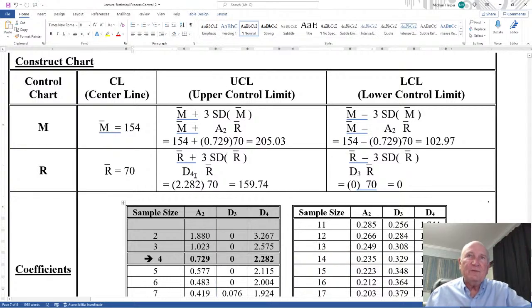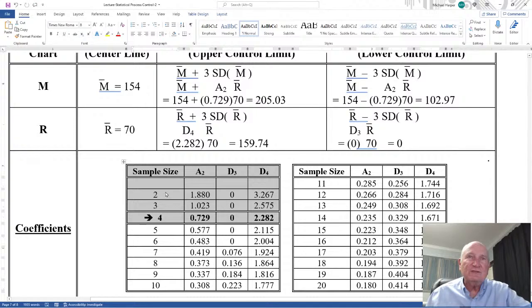Well, first of all, D4 over here is 2.82. I bring this up, 2.82 times R bar, which is 70, and there's my upper control limit. I do the same thing for the lower control limit, but this time it's D3. D3 is 0. Notice when the sample size is small, instead of having a negative number there, it's going to be 0.